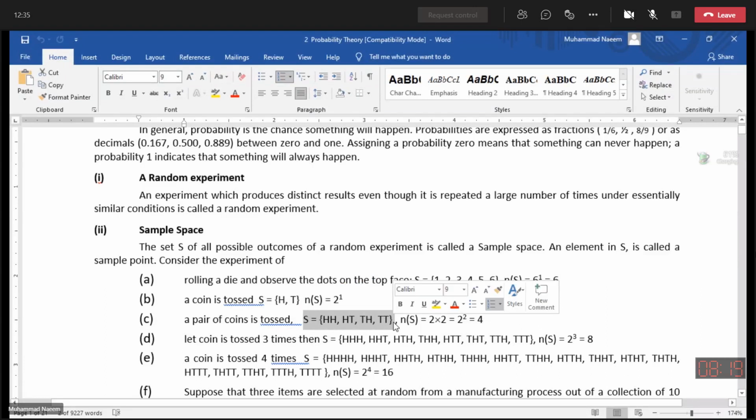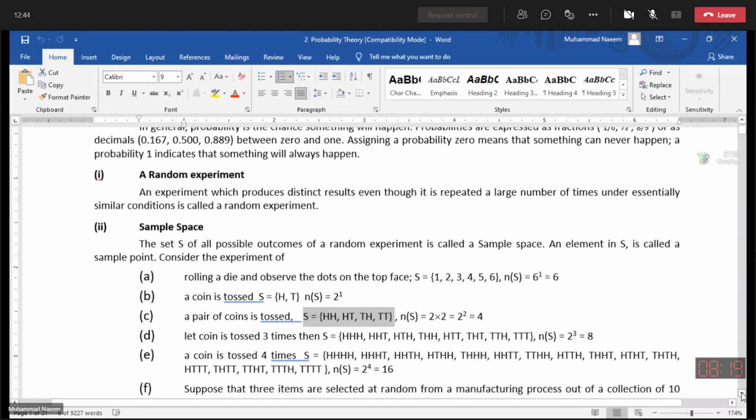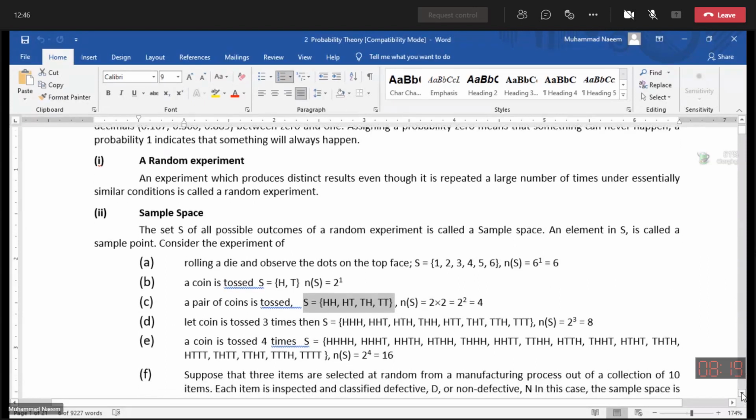When two coins are tossed, we have this sample space. Coins are tossed, a dice is rolled. We study these activities to understand the basic concepts.